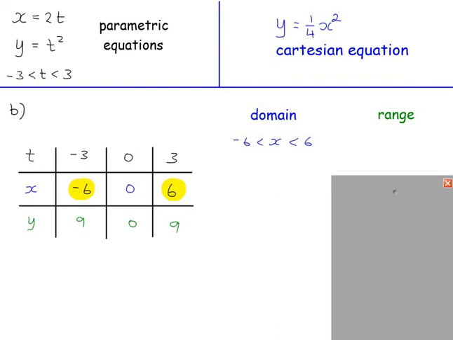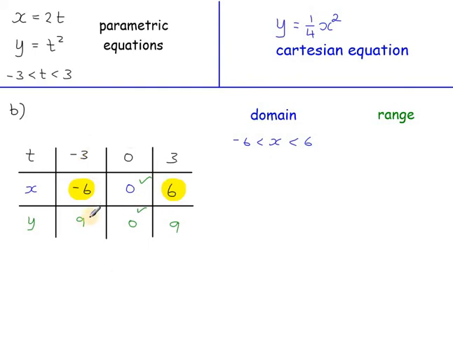We can see that x is in between -6 and 6, but these are not a part of the domain. So x greater than -6, x less than 6. So these values are fine. It's only the -3 and the 3 that you have to be careful with.